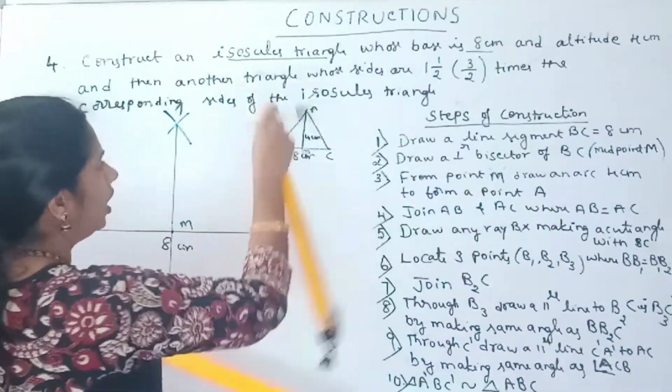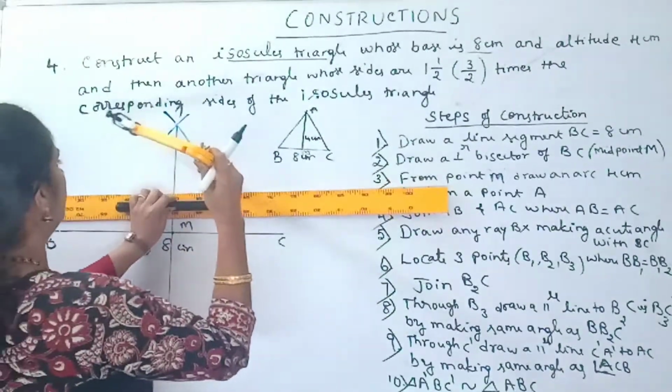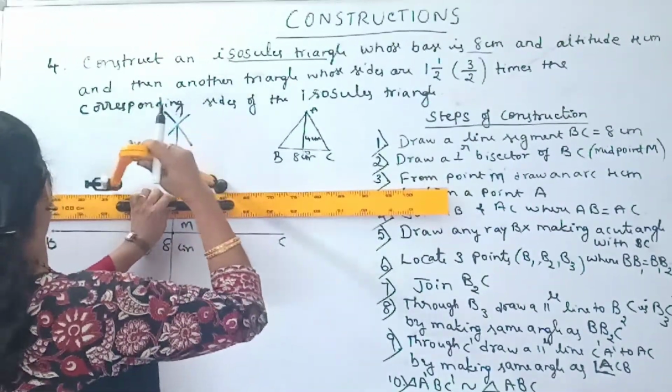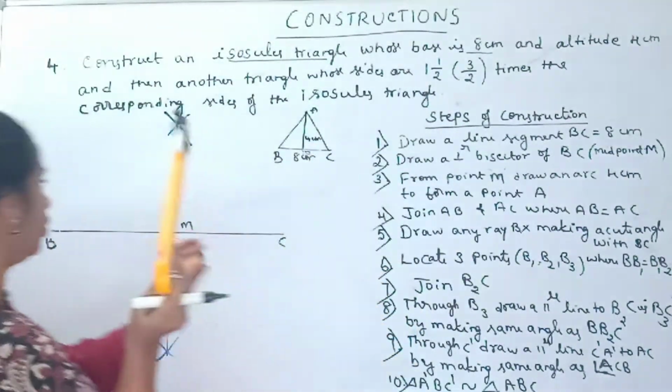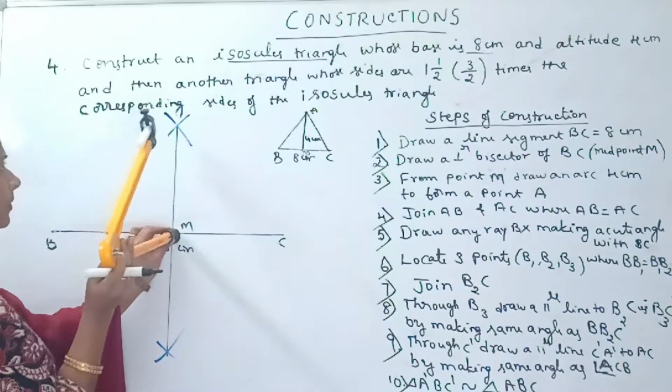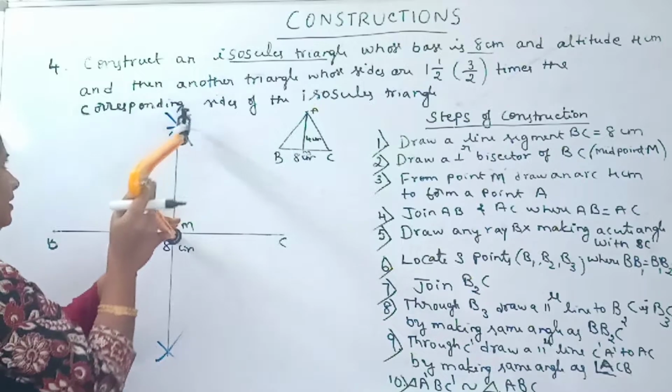Now we have to draw the height of the triangle. Take 4 cm as measurement. Then keep your compass on point M and draw one arc like this.